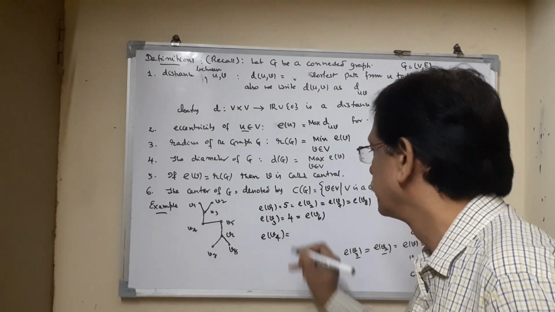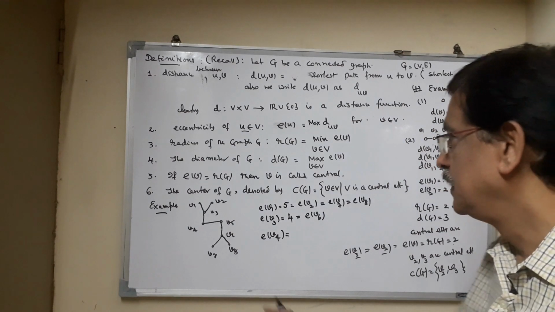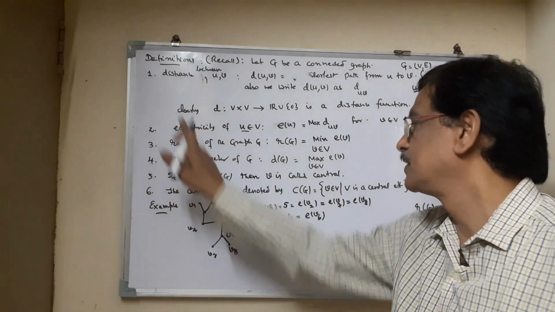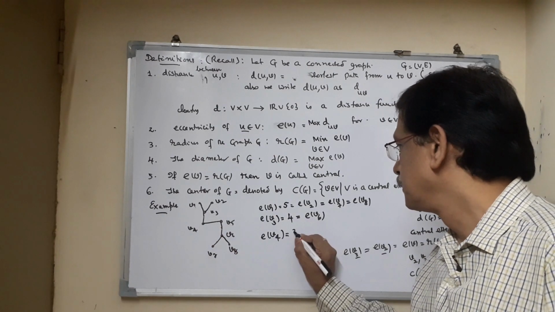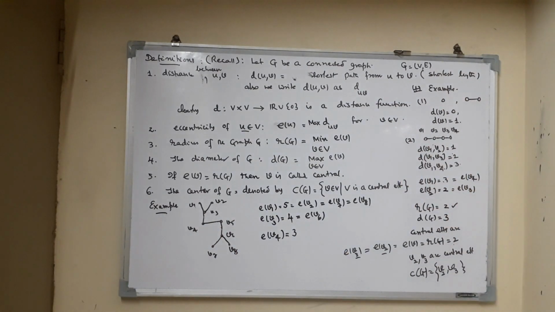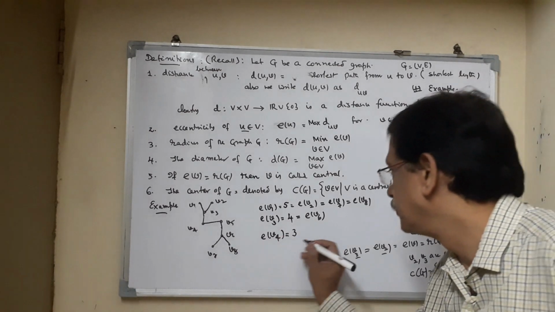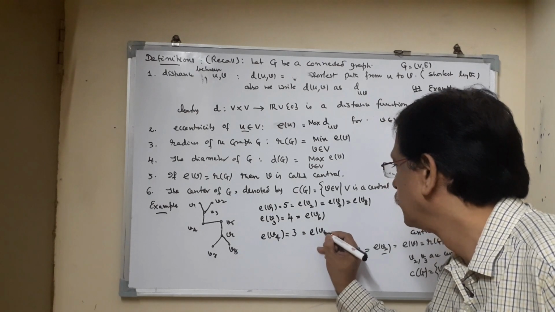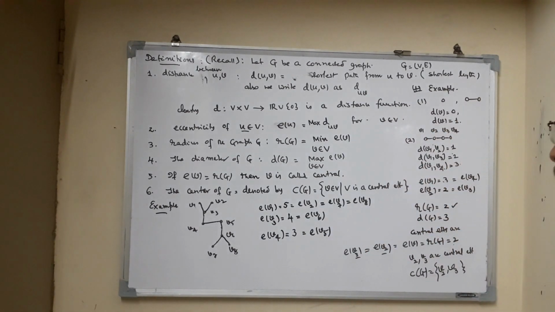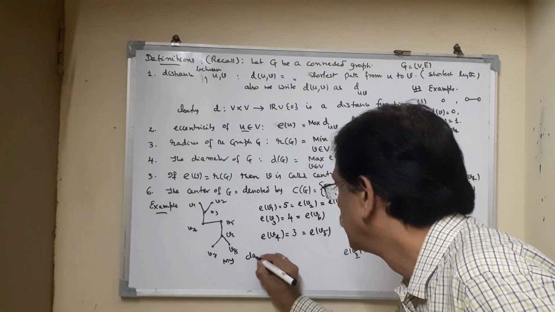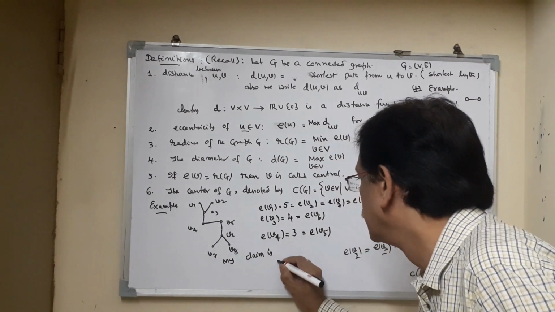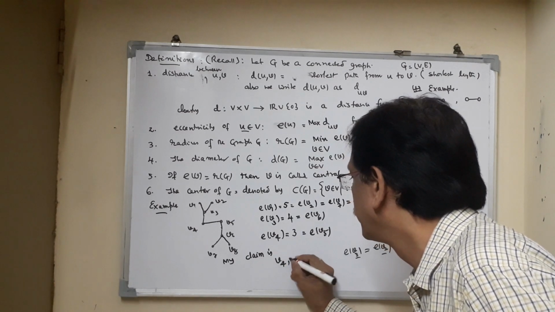Now we are left with only EV4 and EV5 to evaluate. What is EV4? If you go this side, you will have the length 2. If you go this side, 1, 2, 3. So the maximum. Eccentricity is a maximum. So EV4 is 3. What about V5? Now, my claim, I'm just leaving it: V4 and V5 are central elements.